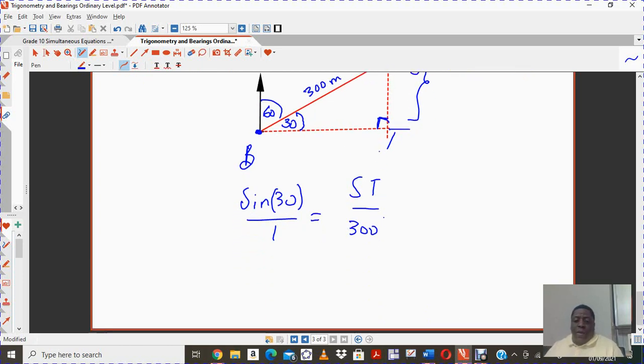And in order for you to find ST, you simply say 300 times the sine of 30. And perhaps you can use your calculator to find what that answer is. Well, that gives you nothing but 150. I believe that's meters.